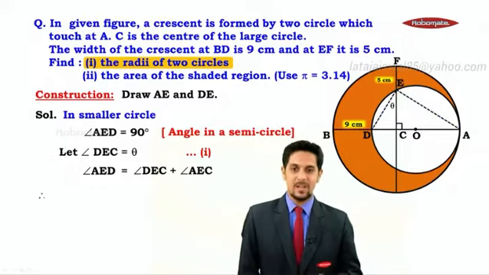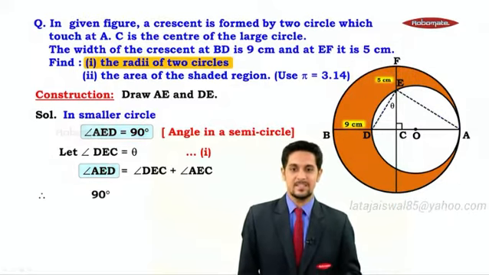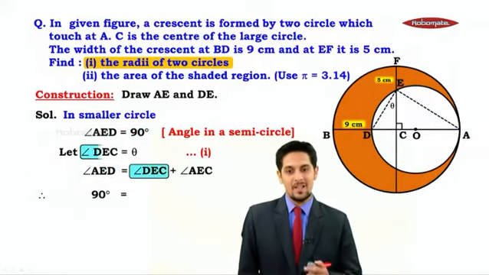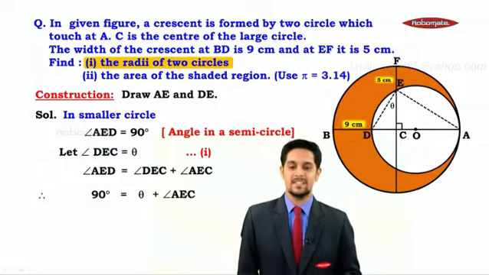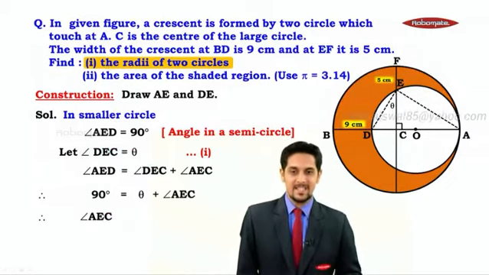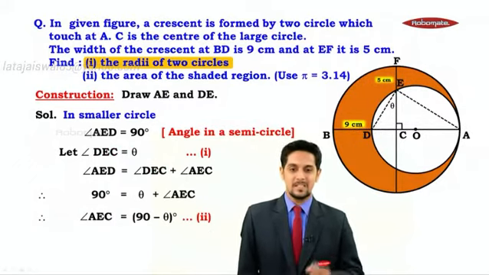Now let us substitute the values. The value of angle AED is 90 degrees, which is equal to angle DEC, theta, plus angle AEC. So students, from here we get angle AEC is equal to 90 minus theta. Let us mark it as equation number 2.